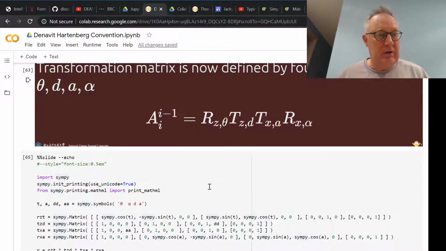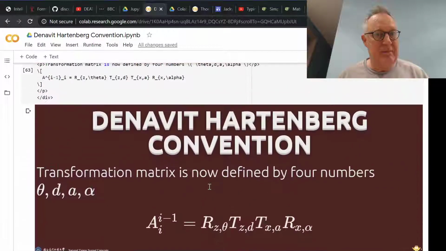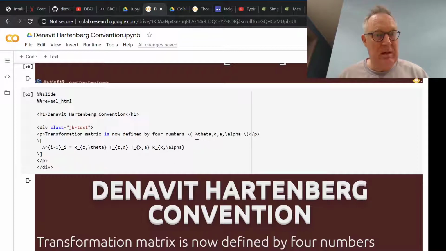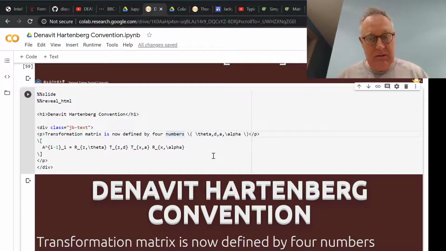Now the link parameters actually have common names. So theta is called the joint angle. D is called the link offset. A is called the link length.